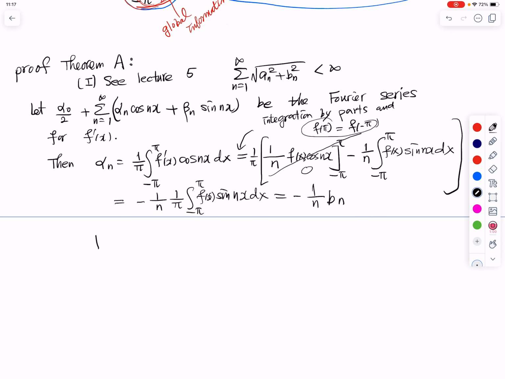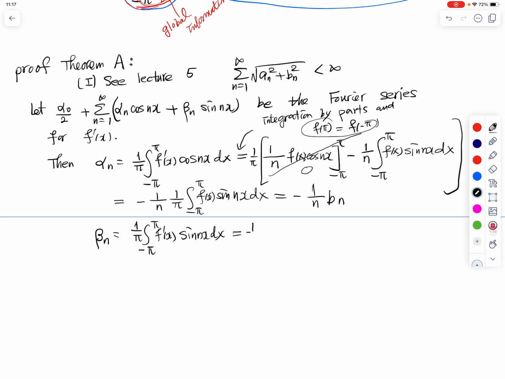And then also beta n is 1 over pi integral from minus pi to pi f prime x sine nx dx. Again, you're using the integration by parts and the same property.